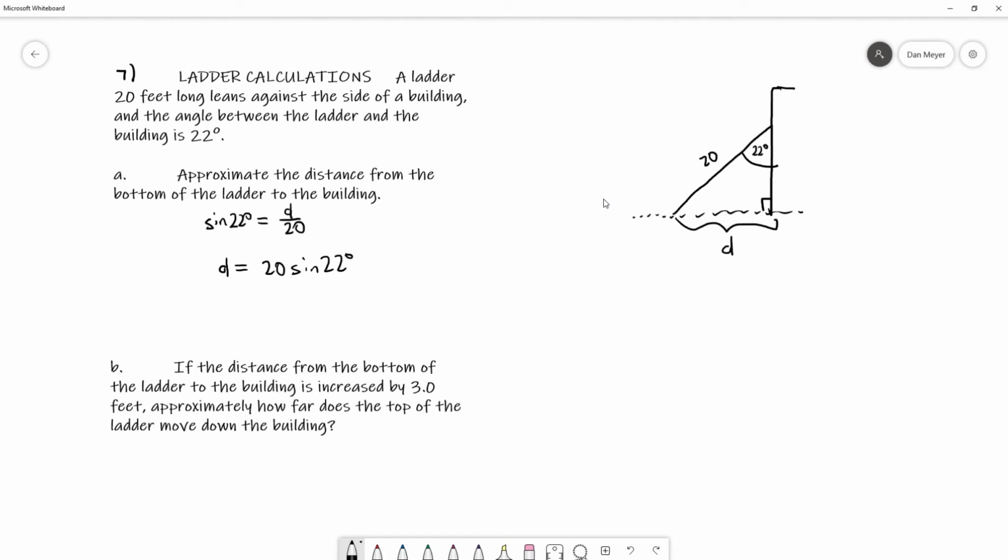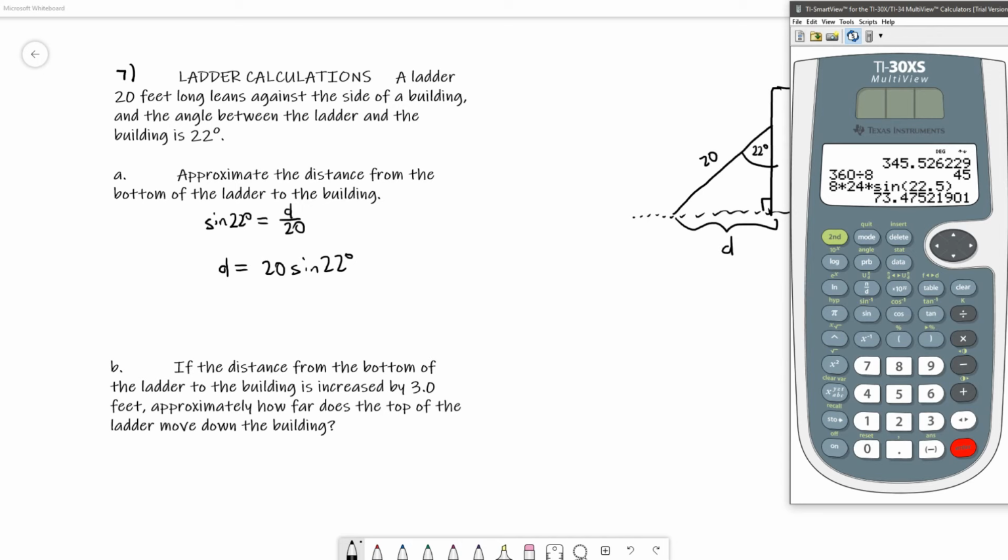20 sine 22 degrees. There's nothing left to do there. All right, let's do the calculator work here. 20 sine of 22 degrees. So that would be about, I'm going to go ahead and go 3 decimals here.